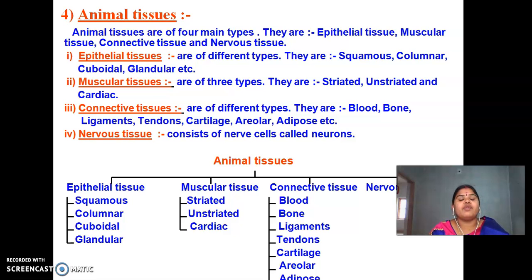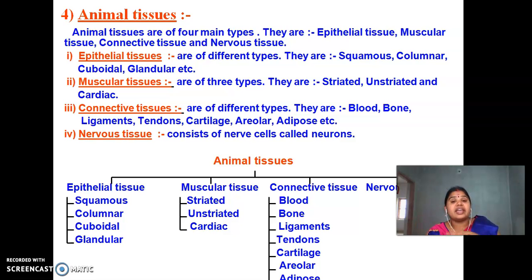And next, I want to explain animal tissues, which are present in our human body. So animal tissues are of four main types. They are epithelial tissue, muscular tissue, connective tissue, nervous tissue. Under these four, I want to explain each.